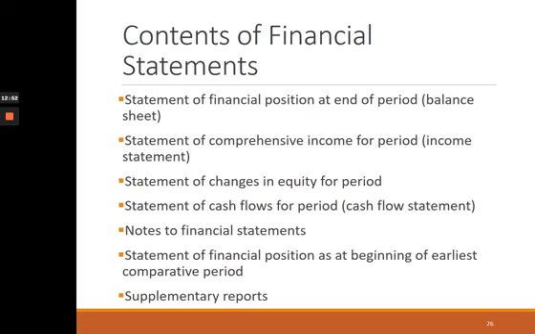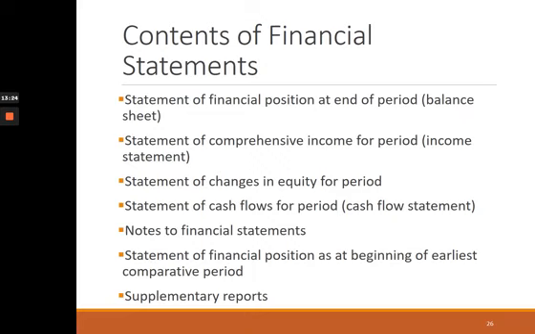The contents of your financial statement, so IAS 1 applies to these financial statements except for your statement of cash flows. So the statement of financial position at the end of the period used to be referred to as the balance sheet. It's now called a statement of financial position. Statement of comprehensive income or statement of profit and loss and other comprehensive income that used to be called an income statement, we now refer to it as the statement of comprehensive income.